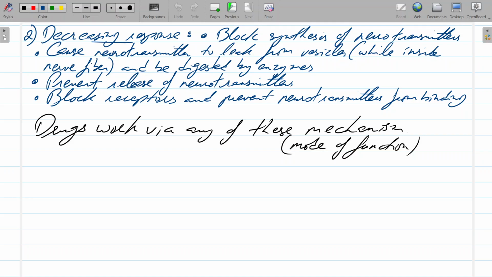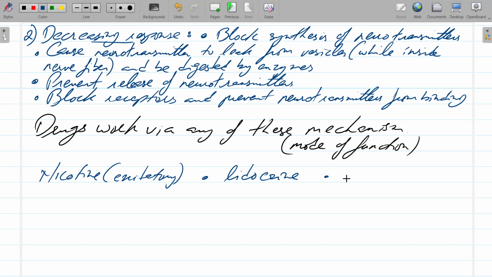Those are nicotine, which is excitatory, then you've got lidocaine, and then you have cobra venom, alpha cobra toxin. And they just mention how they work.